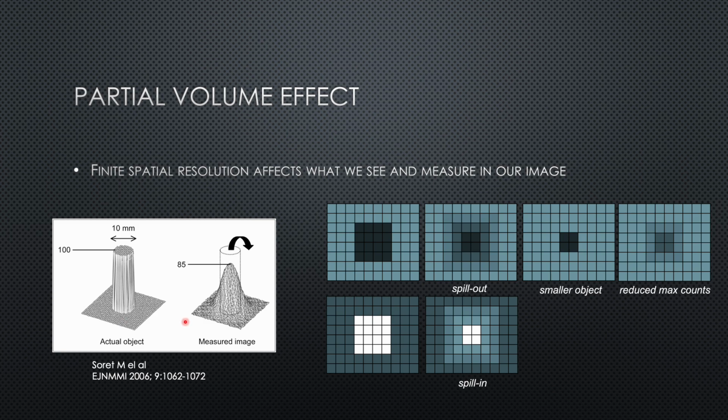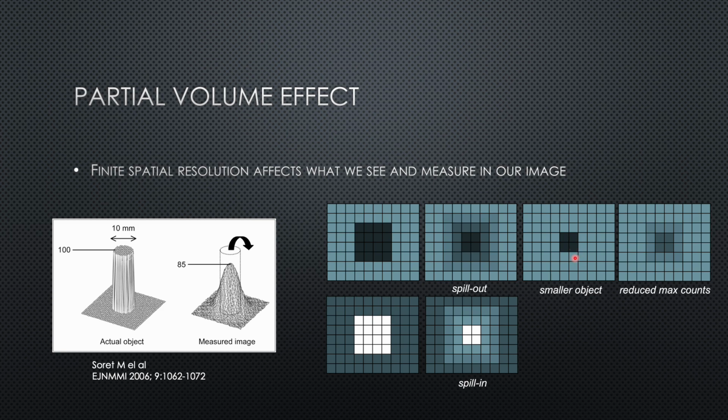And we can show this in this series of figures here. I've pixelated a feature here, but because of the limited spatial resolution, you can see that we get reduced uptake, but you also see that the extent of the uptake grows. It spills out from the original volume.